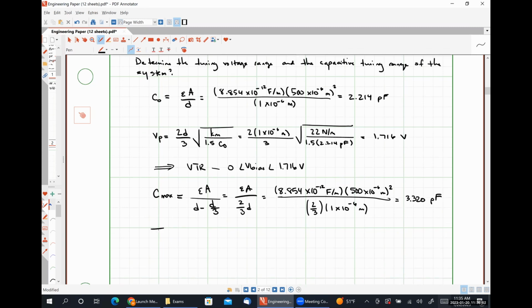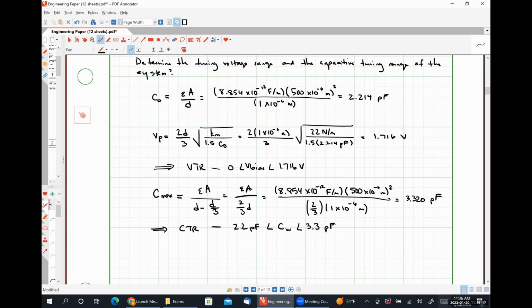So our capacitive tuning range is from 2.2 picofarads to less than 3.3 picofarads; the work capacitance, or variable capacitance, will be less than 3.3 picofarads.